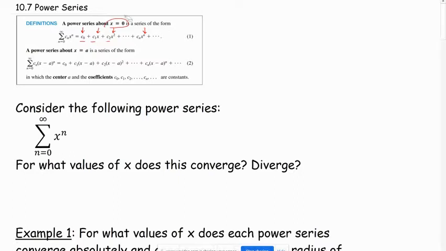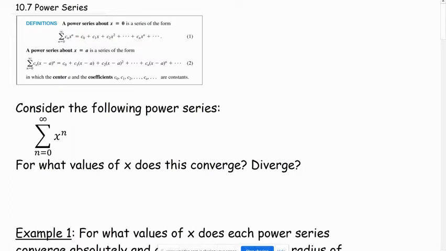Now, about x equals 0 means that if we plug in x equals 0, then this series is obviously going to converge, because if x is 0, then all these terms become 0 except for the first term, so the series would converge to C sub 0. And so we're going to look and see, does it converge at other x values?